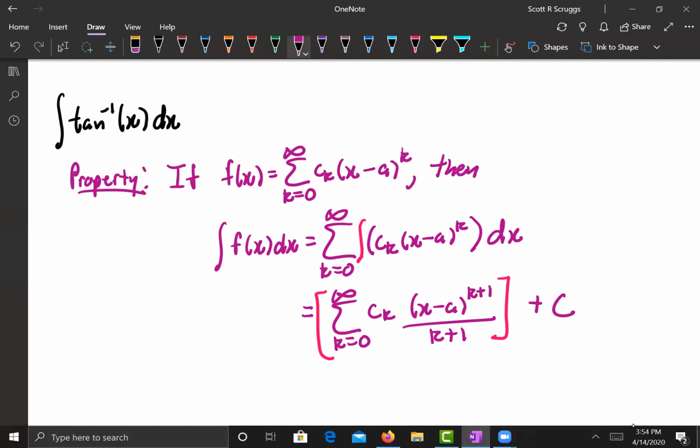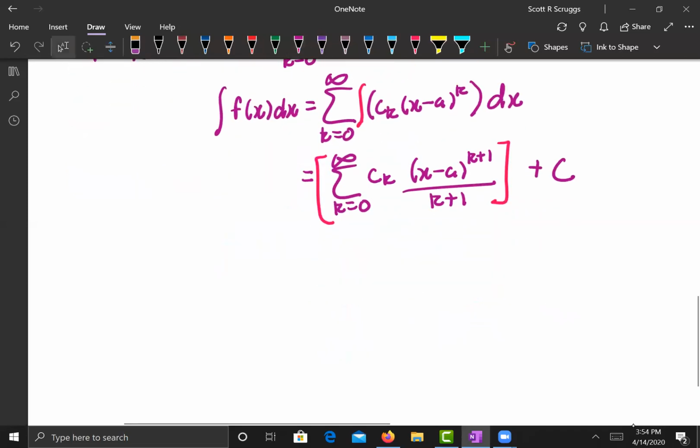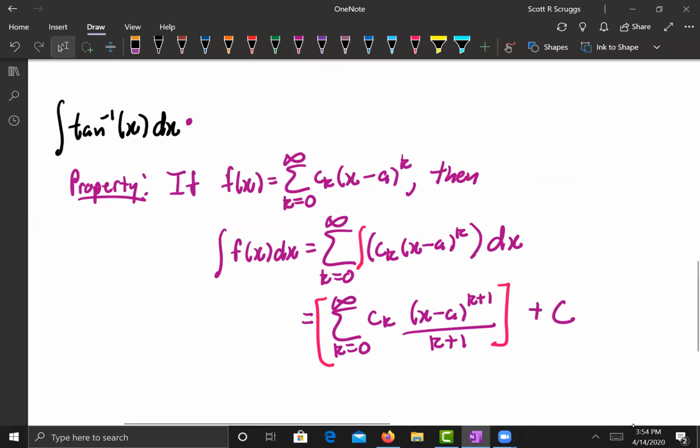So I'll put a bracket around it to make it clear that it's not inside the parentheses for that. And so that's going to be the property we use to evaluate that antiderivative of arctan. And so what I'll do first is I'll do an example for the antiderivative of arctan, and then I'll give you all another one to practice to see how we can play around with it.